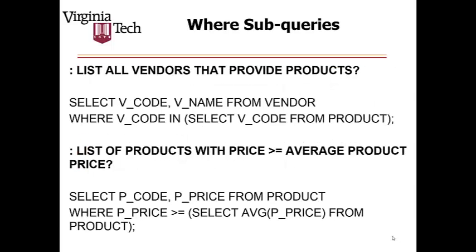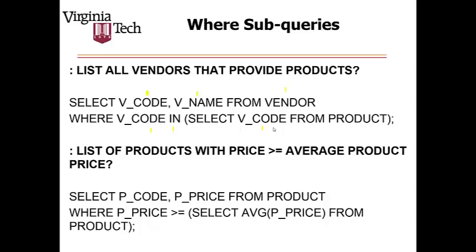So here we have this question: list all the vendors that provide products. So we select the V code, the V name from the vendor, where the V code is in a list of V codes where we say select the V code from product.